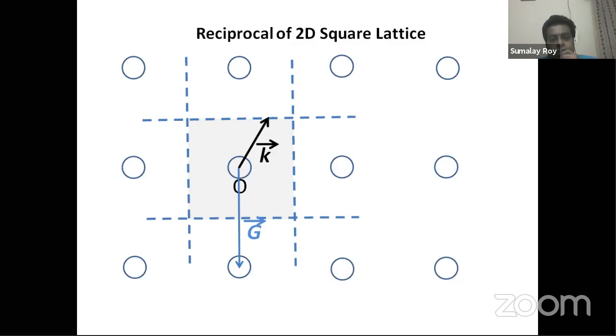G I have shown in the diagram. Basically K dot G means the component of K along the direction of G. What is the length of the component along the direction of G? Cos theta, that I know, but you have to tell me the answer.